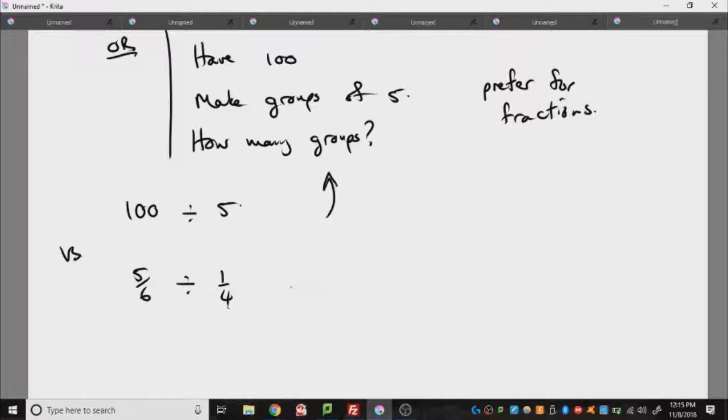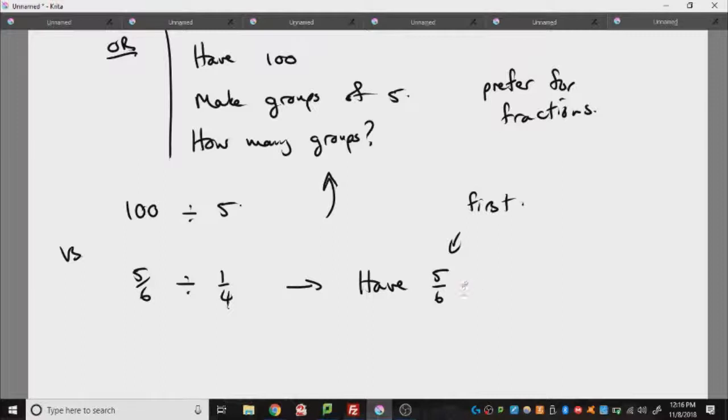So this one would mean I have, which one do I have? I have the first number in division. In the division sentence, it's the first number that's the quantity I have. In multiplication, it's the second.